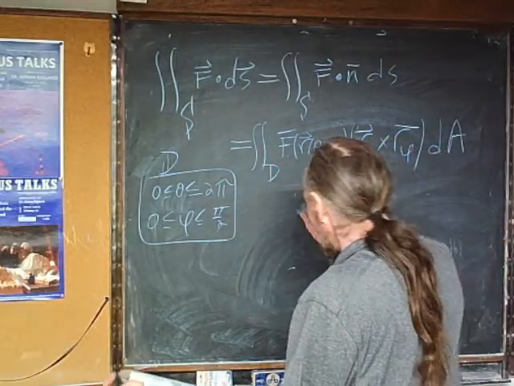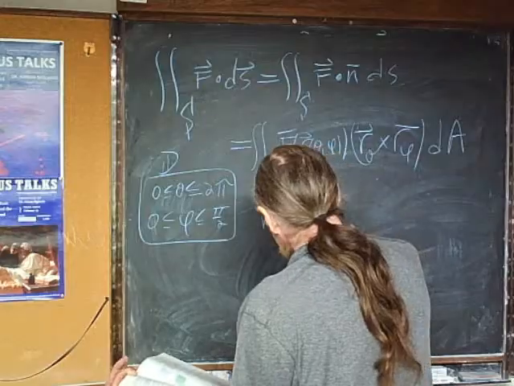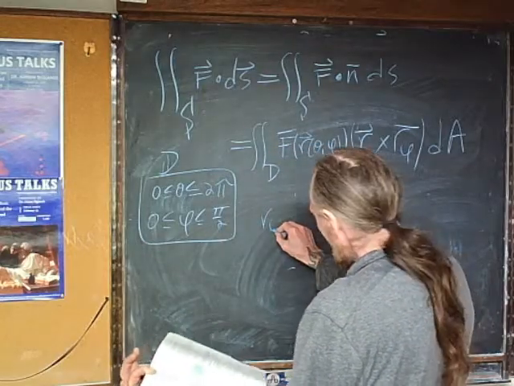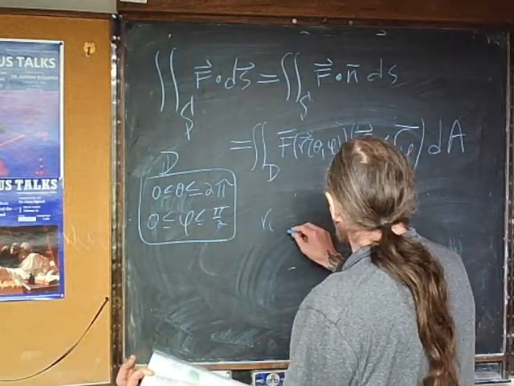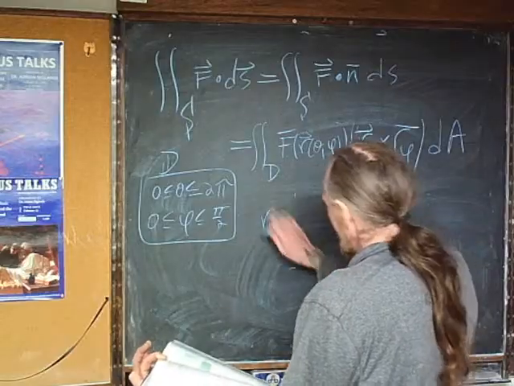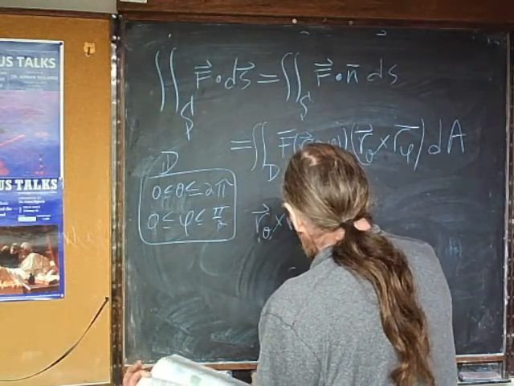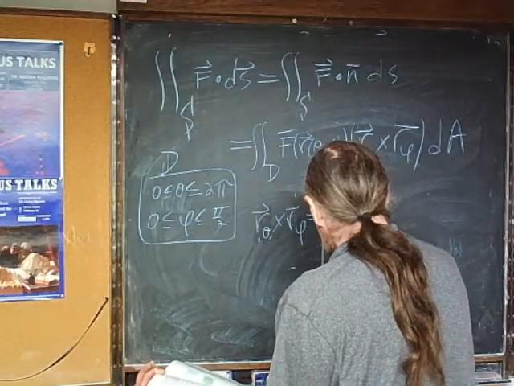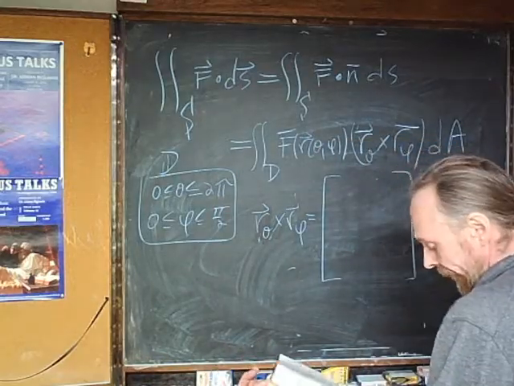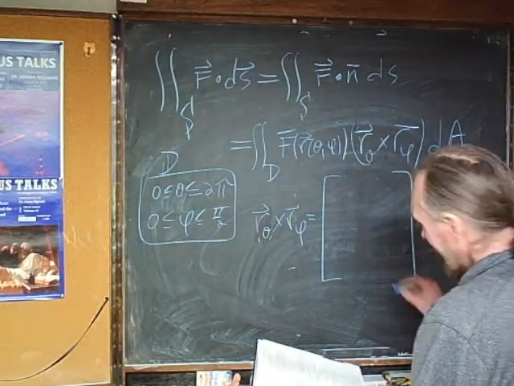Operation: r theta cross r phi. So r theta cross r phi is equal to, crap. I'm winding it down. Math is hard.